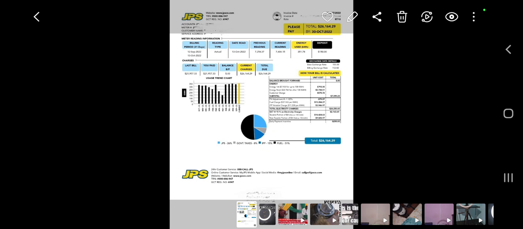Well, I can use the knowledge that I received from being a trained electrical engineer and try to break things down from that standpoint, and what I understand from this JPS bill. I also did some additional research so I can explain it to you in a way that you can understand.